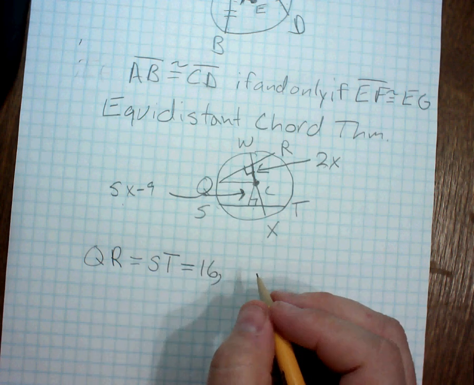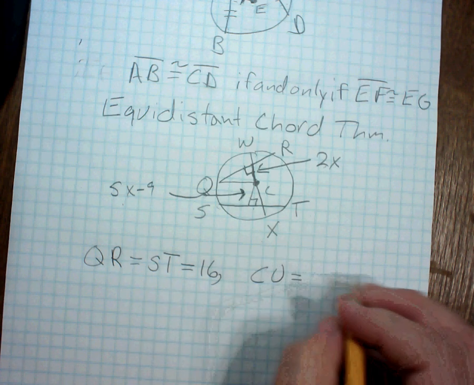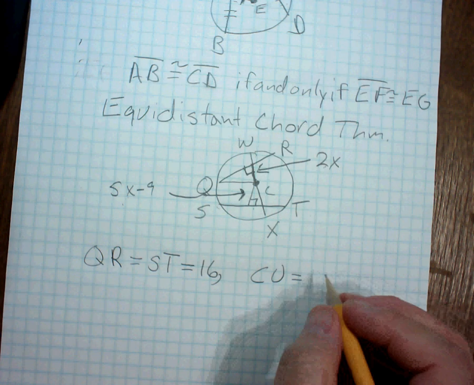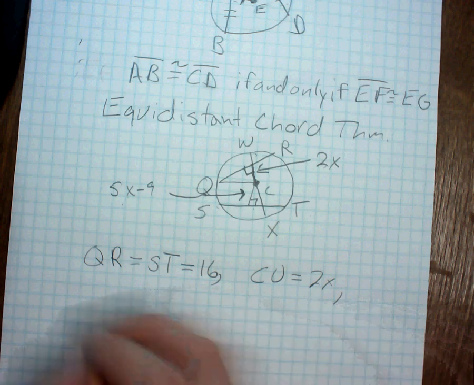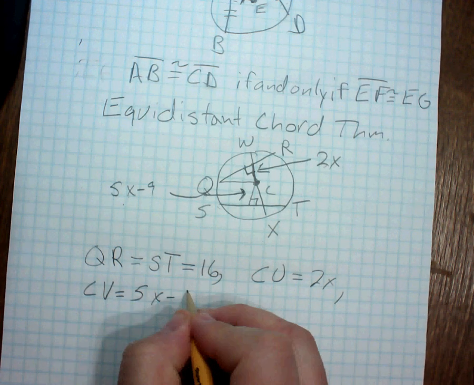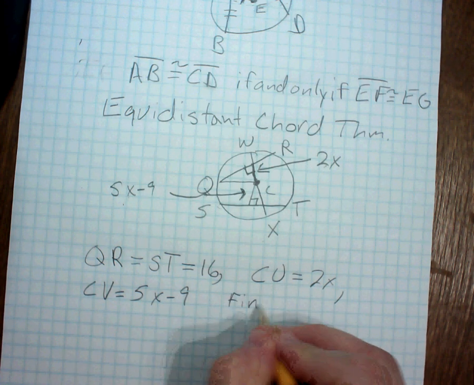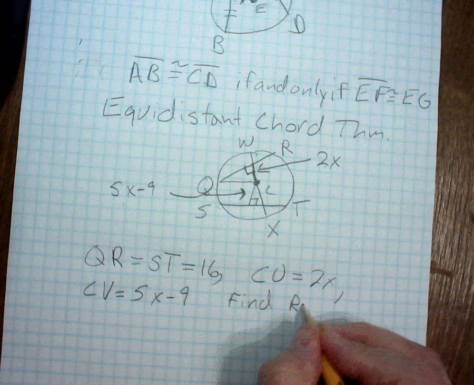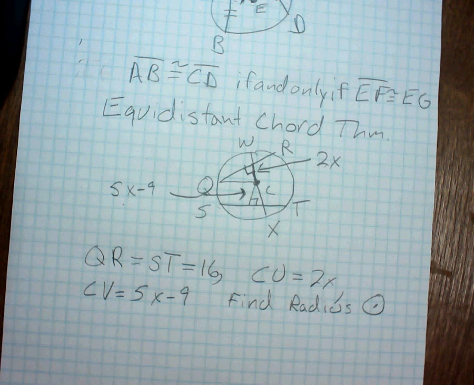And then CU is equal to 2x, and CV is equal to 5x minus 9. And they want us to find the radius of the circle C.